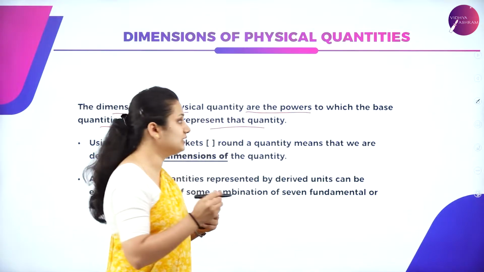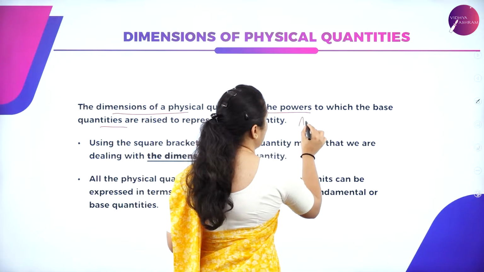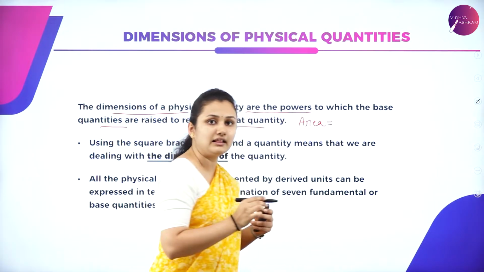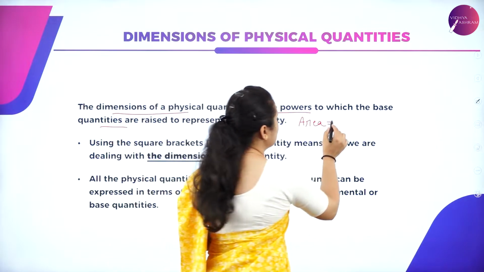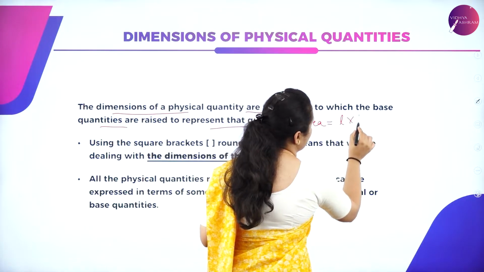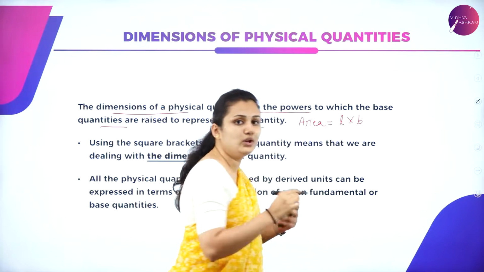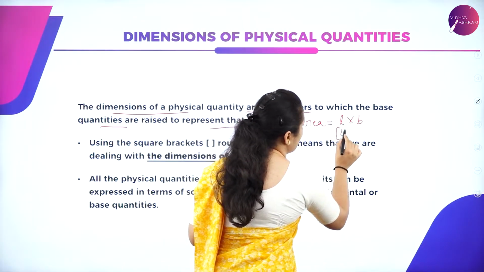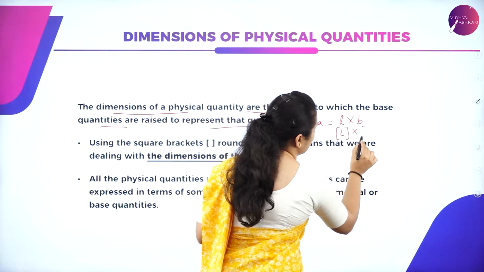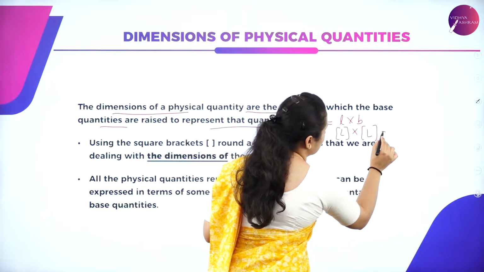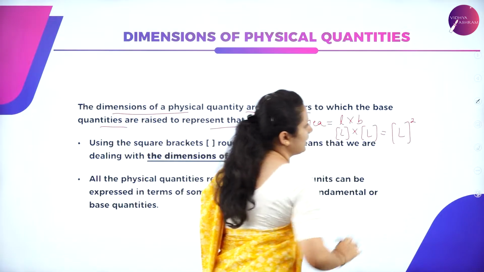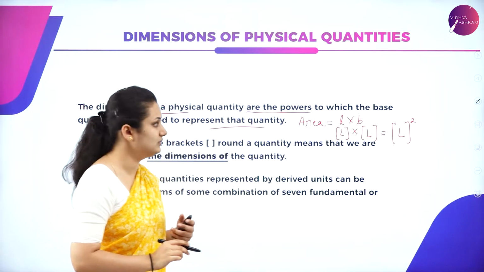What is the formula for area? It is length into breadth. Length into breadth is nothing but 2 lengths. It is measured in terms of length. So, you will write it as length into length. Length into length is nothing but length square. Correct? Length square.